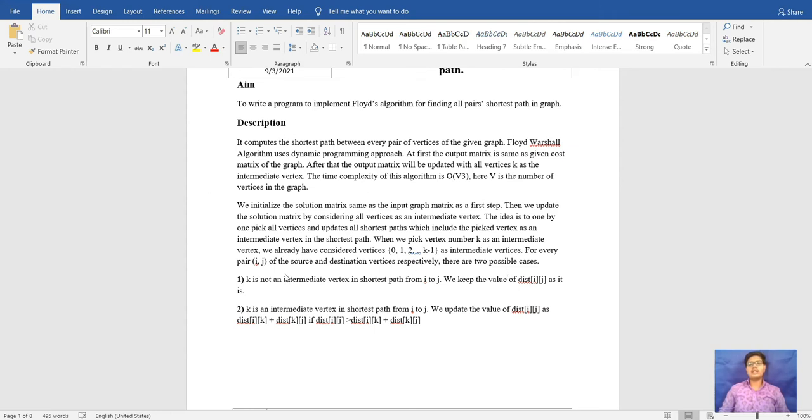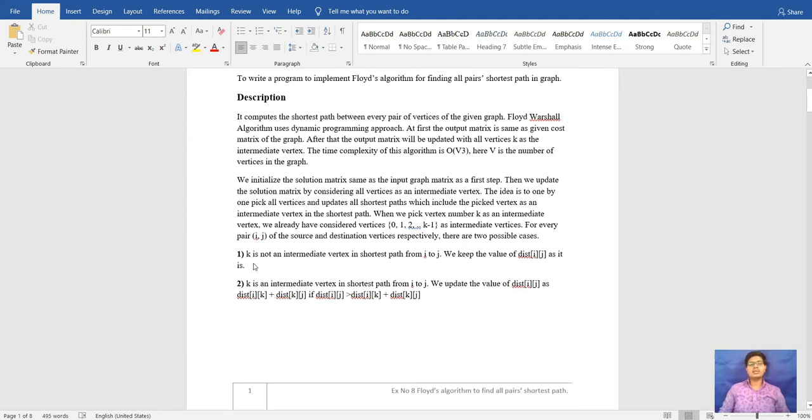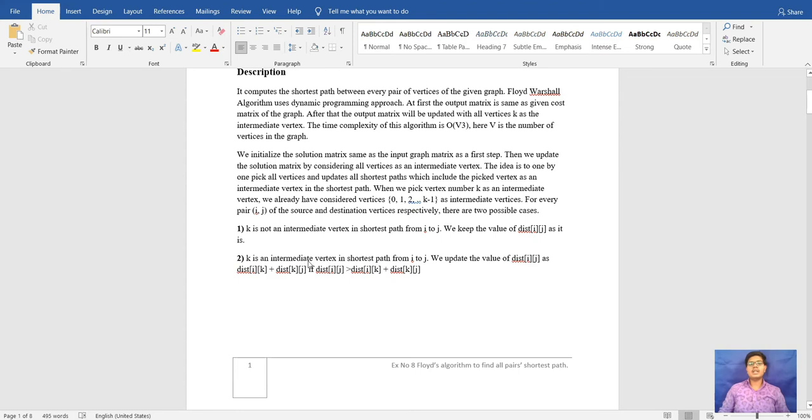First, k is not an intermediate vertex in the shortest path from i to j, so we keep the value dist[i][j] as it is. Second, if k is an intermediate vertex, we update dist[i][j] as dist[i][k] plus dist[k][j], if dist[i][j] is greater than dist[i][k] plus dist[k][j].